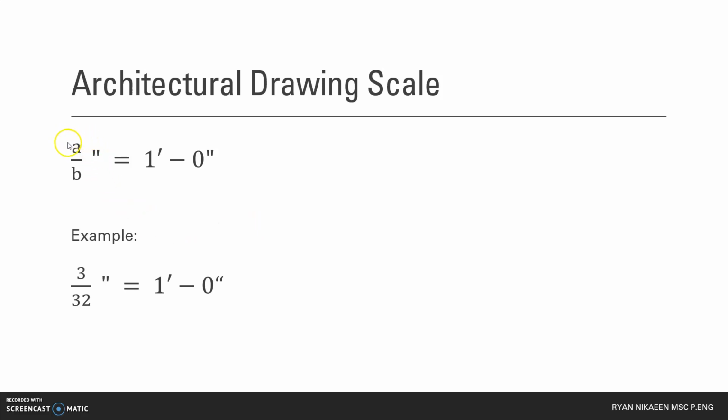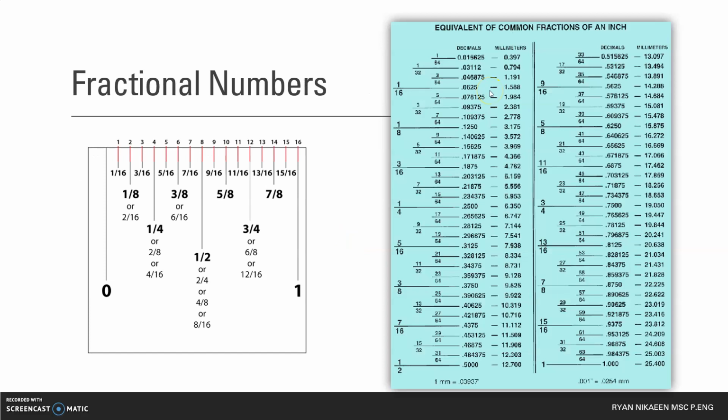There is a fractional number equal to 1 foot 0 inches. For example, 3/32 inches is equal to 1 foot 0 inches. So always this side is 1 foot and the other side is a fractional number.